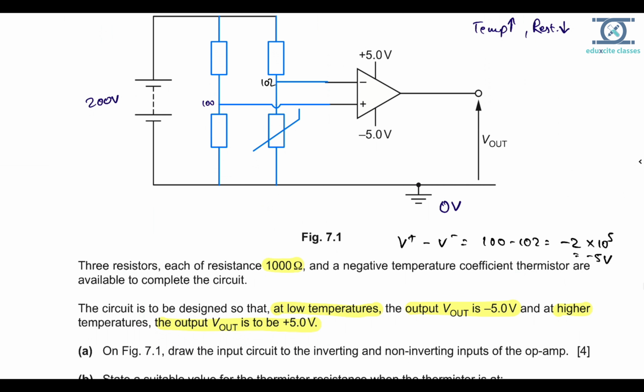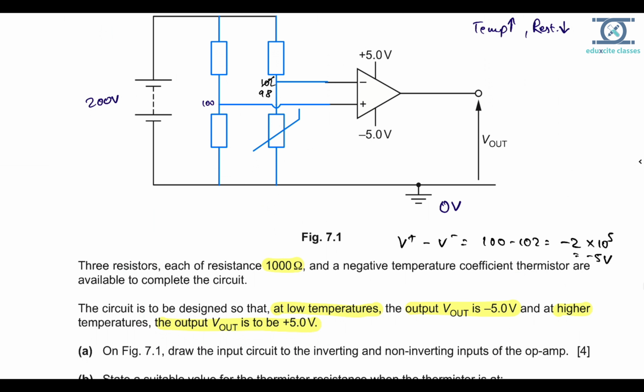Similarly, at a higher temperature, what will happen? At higher temperature the resistance will be low, so less voltage will be dropped across the thermistor. There will be no change for the non-inverting input. It will get 100 volt here. But when the temperature is high, the resistance is low, so less voltage will be dropped here and more voltage will be dropped across the other resistor. So now we get, instead of 102, 98, let us say.